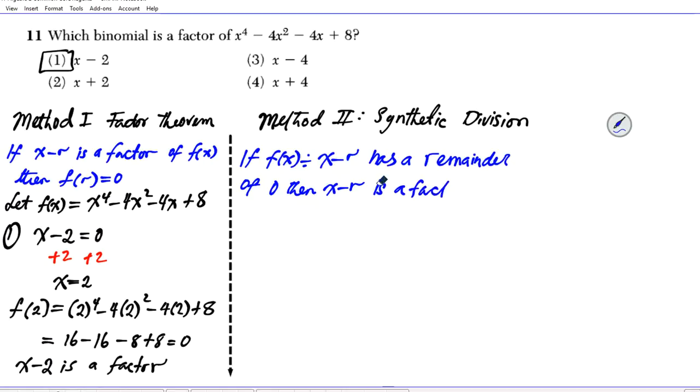So all we are focusing on here is the remainder when we apply the synthetic division algorithm, and finding the quotient of f of x divided by x minus r.